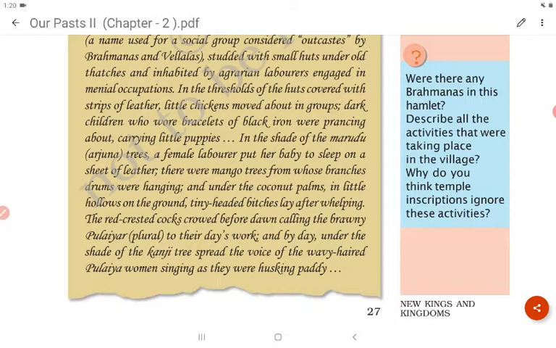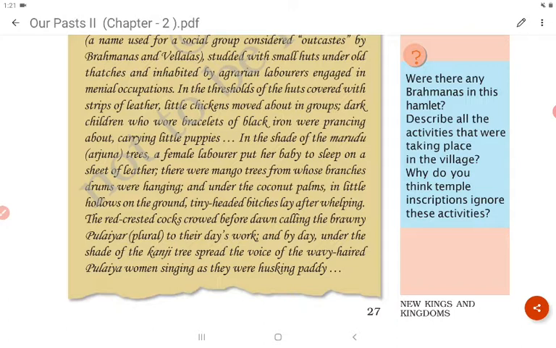In the shed of the Marudu Arjuna trees, a female laborer put her baby to sleep on a sheet of leather. There were mango trees from whose branches drums were hanging, and under the coconut palms, in little hollows on the ground, tiny-headed bitches lay after whelping.